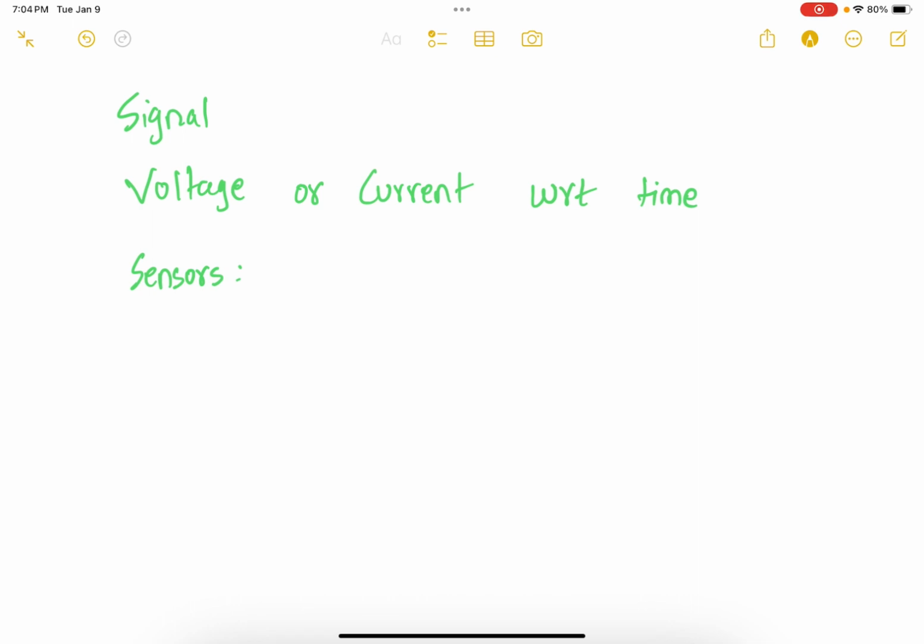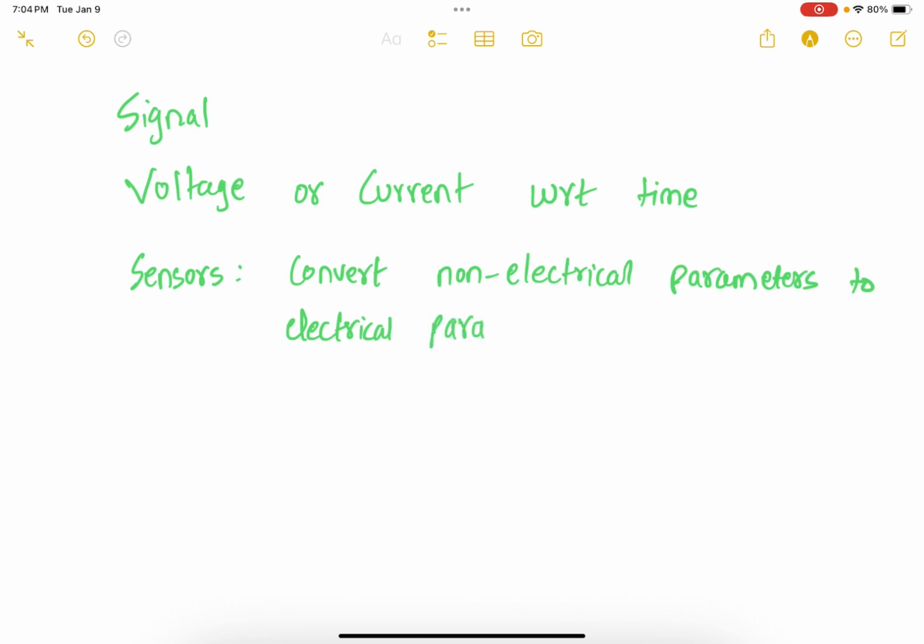So sensors basically convert non-electrical parameters to electrical parameters like voltage or current. So basically a sensor comprises transducers plus some additional processing.